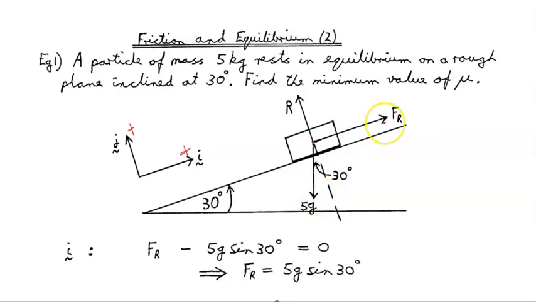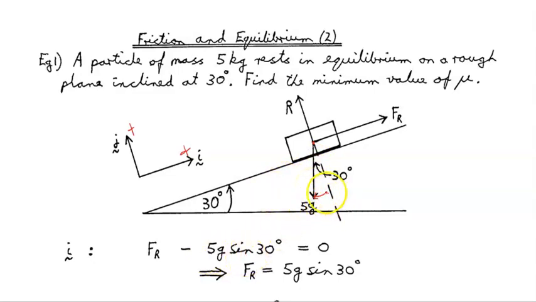In the I direction, we have the friction force acting in the positive direction, so plus Fr, and we have here a component, the sine component. This is 30 degrees in here. This component here is 5g sine 30 degrees.